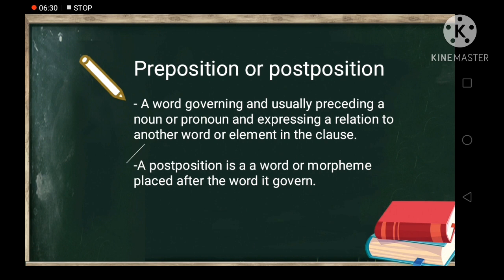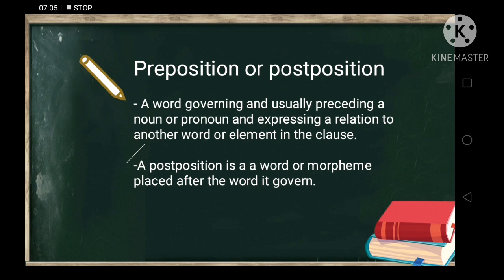So in the sentence, our preposition is the word on, because a preposition is a word governing and usually preceding a noun or pronoun, expressing a relation to another word or element in the clause. So the word on in this sentence is our preposition.